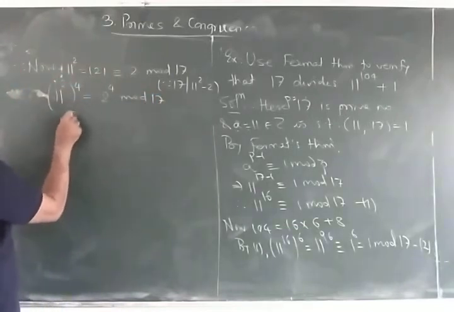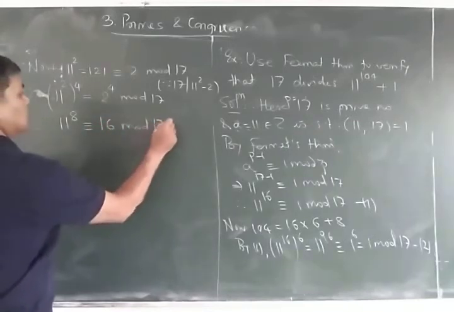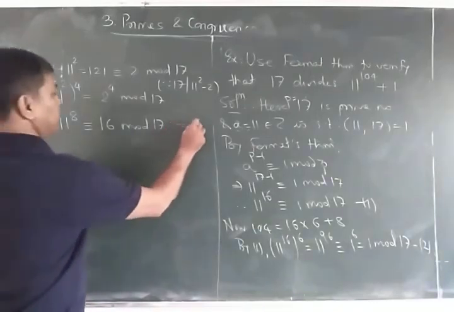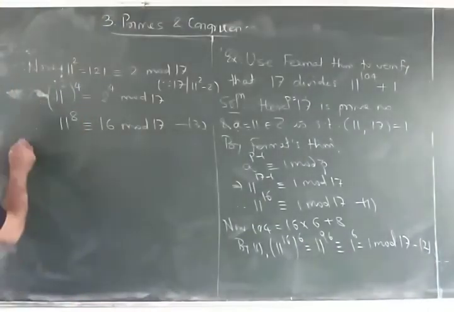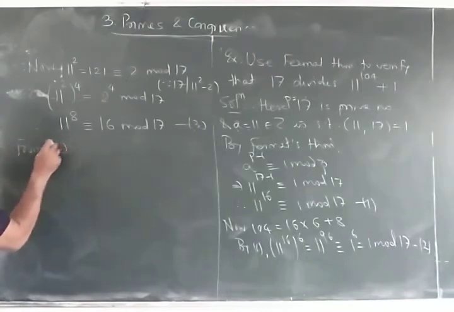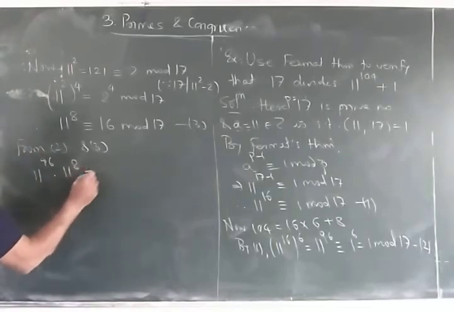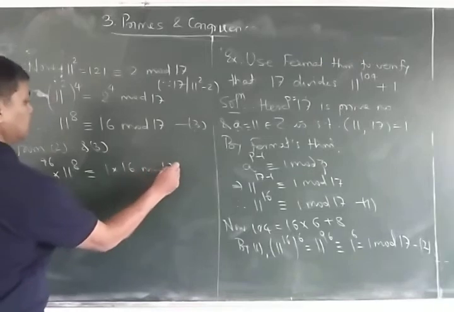So 11 raised to 8 is congruent to 16 modulo 17. Call this 3. So from 2 and 3, 11 raised to 96 into 11 raised to 8 is congruent to 1 into 16 modulo 17.